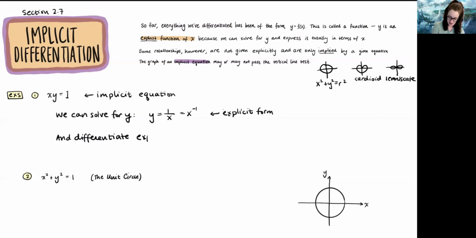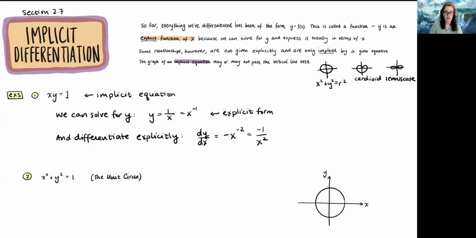So we can differentiate this explicitly. We find the derivative of y, which we would call dy/dx, or y prime. And that would be negative x to the negative 2, or negative 1 over x squared. So things that are explicit to start have explicit derivatives. There's only x's in them.